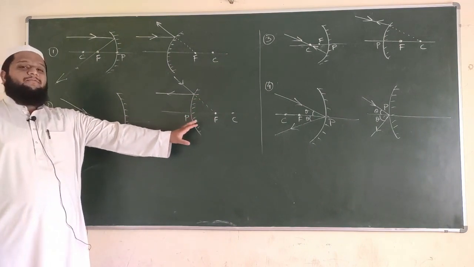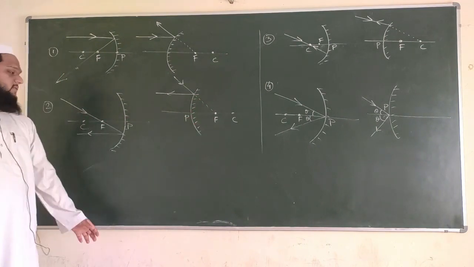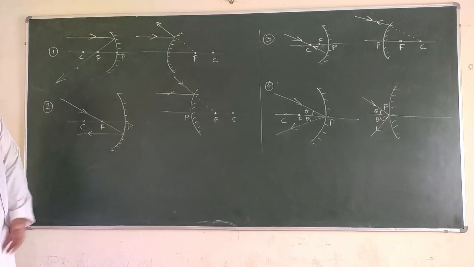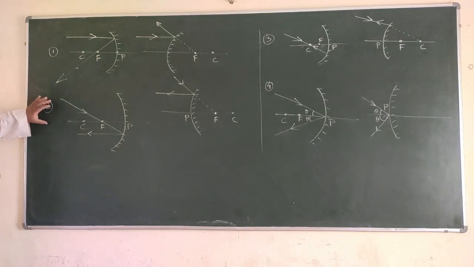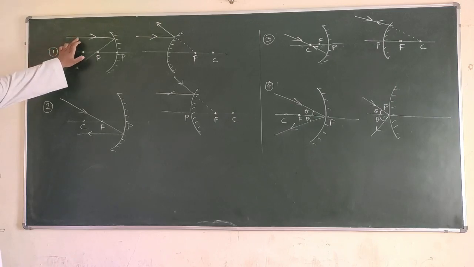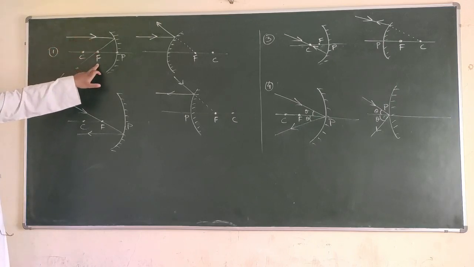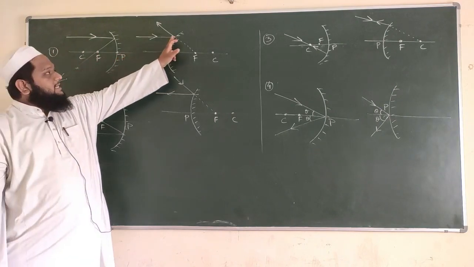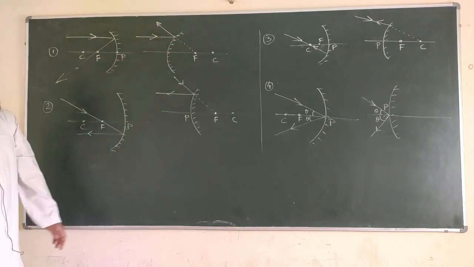For convex, majority of the times a virtual image is formed, whereas for concave you find a real image. Coming back to the second one, I hope the first one is clear. क्या बता रहा है? Parallel ray जब भी होगा, reflected ray will pass through the focus, या फिर ऐसा नजर आएगा कि it is passing through the principal focus.